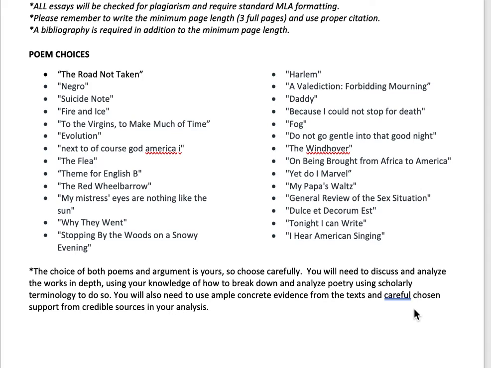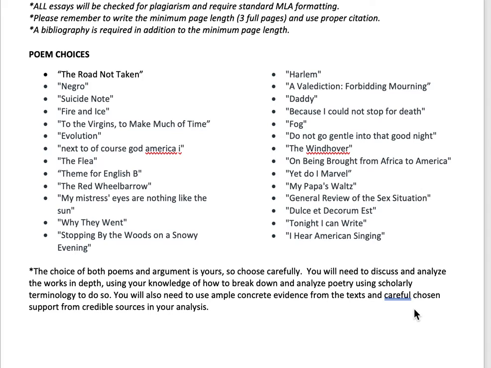So these are just ways that you can compare and contrast across concepts. If you wanted to do, for example, Do Not Go Gentle Into That Good Night and To the Virgins, you could say that the theme of both poems is to fight against the concept of decay or death.